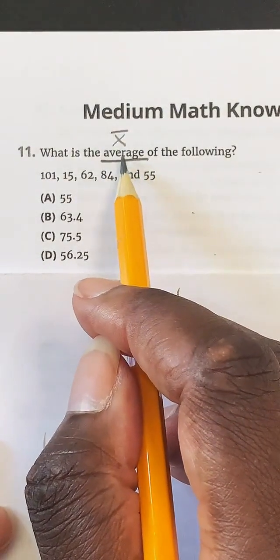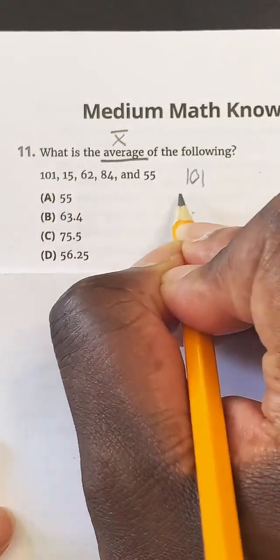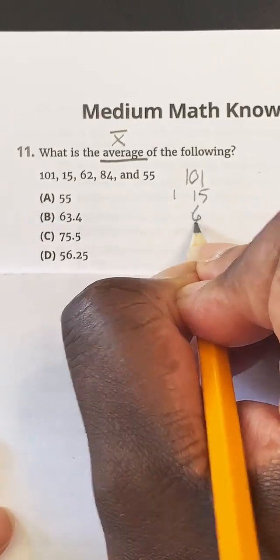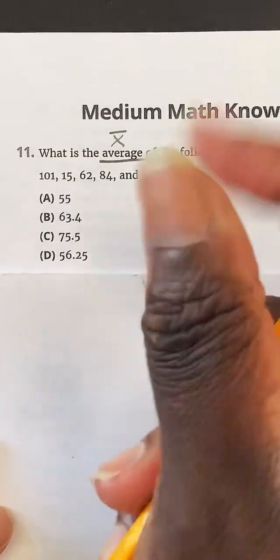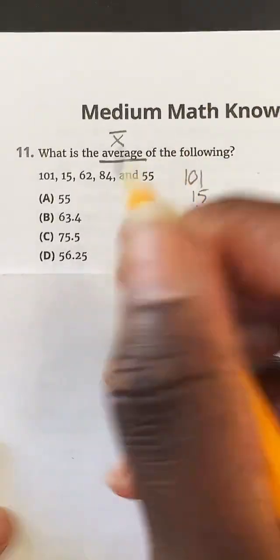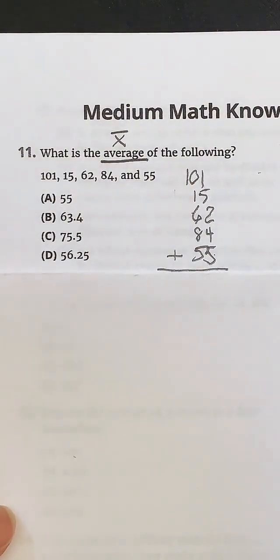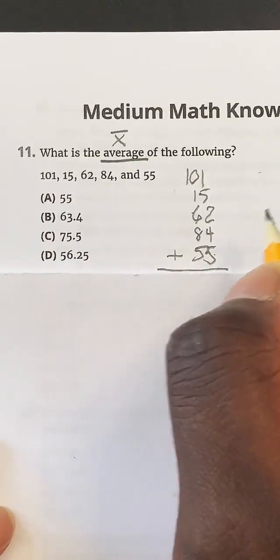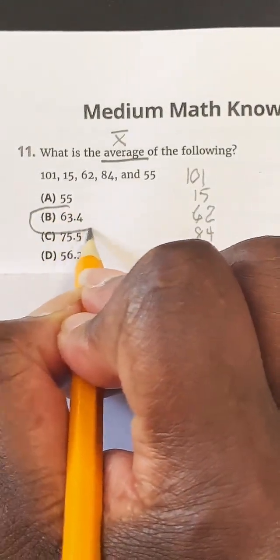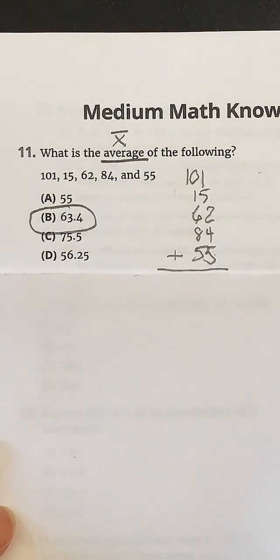So for the mean, the average, you're going to have to add all these up and divide by the number of numbers that you have. So we had 5 numbers. When you do that, you will get 63.4. You will get your B.